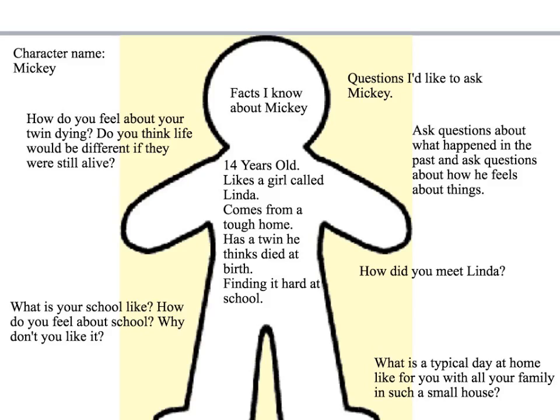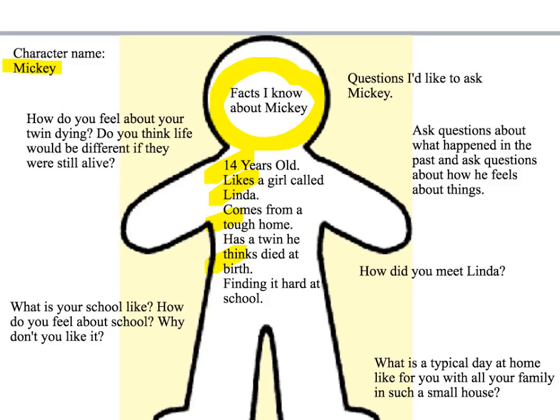Here's an example of a role on the wall that I've just completed. This is for a character called Mickey. Now, I started off writing some facts that I know about the character Mickey on the inside of my character. So I found out 5 things: that he's 14 years old, that he likes a girl called Linda, but he doesn't really know what to do about it, that he comes from quite a tough home, a single parent family with several brothers and sisters.